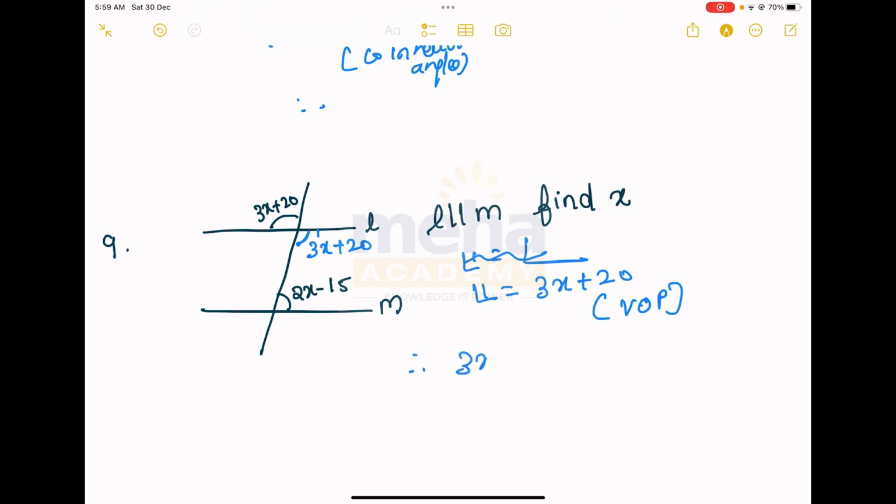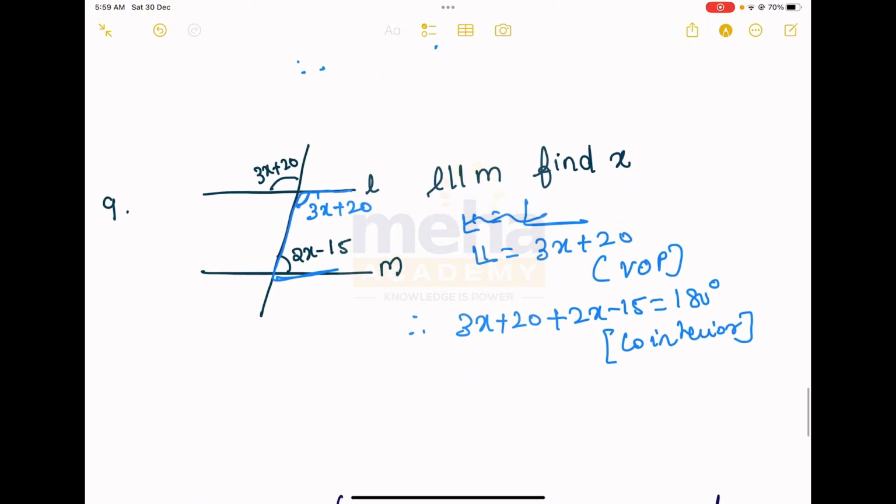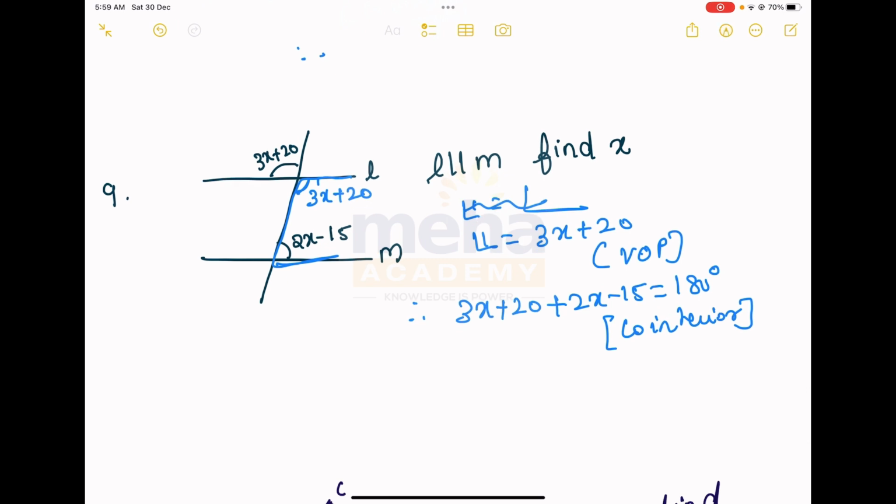Therefore, we know 3x plus 20 plus 2x minus 15 will be equal to 180 degree because co-interior angles make 180 degree, and also have the trick which is the U or the C shape. So children, for the tricks, please go through my previous video or the shorts.